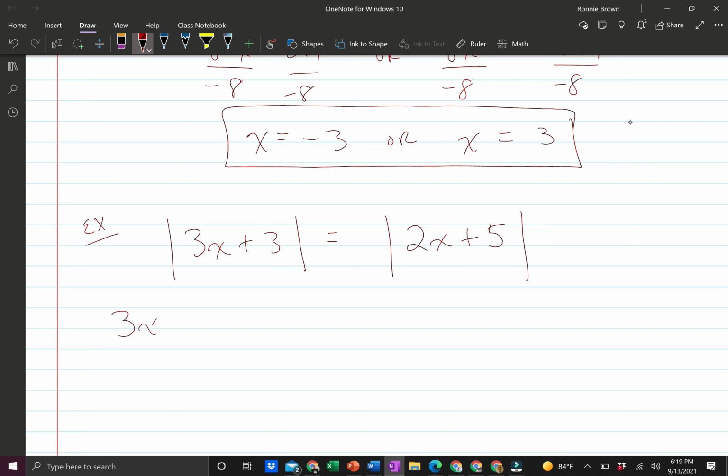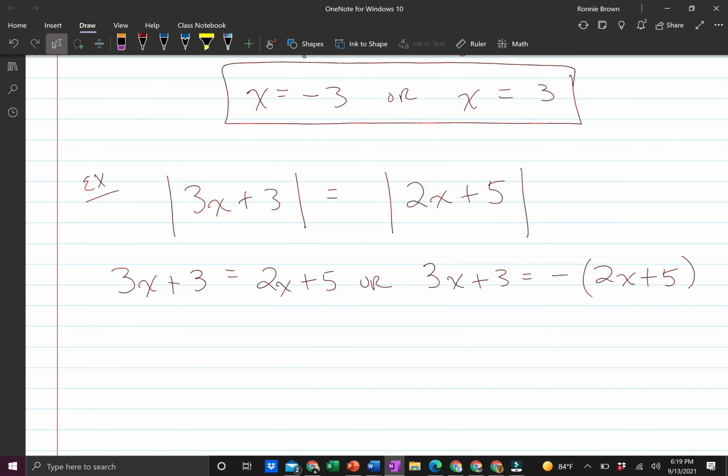And I said that we would write the first one over exactly how we see it. 3x plus 3 equals 2x plus 5, without the absolute value bars, of course. And then the second way, we'll write 3x plus 3 without the absolute value bars equals, and then remember I said we needed to take the negative of the quantity of that second absolute value. So the negative of the quantity of 2x plus 5. And that's all we need to do.